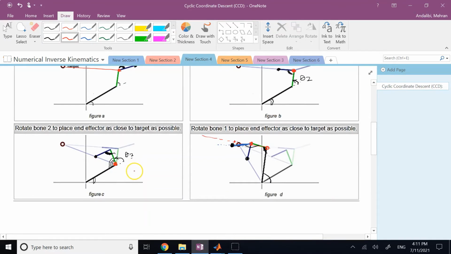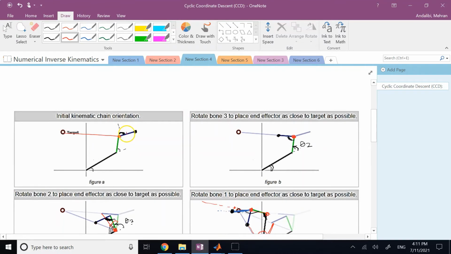Here it was this red line initially, and now it has to match with the blue line. Initially it was this, and now you have to align it with this. So this rotation, correct?